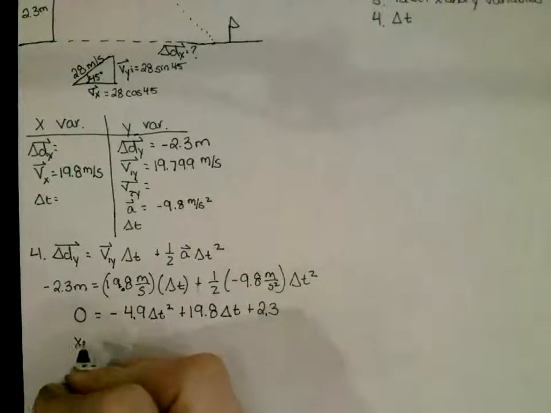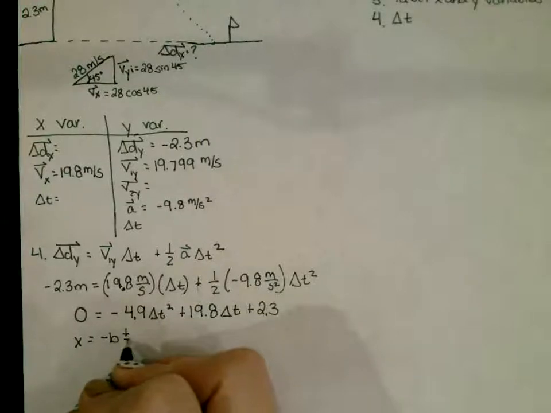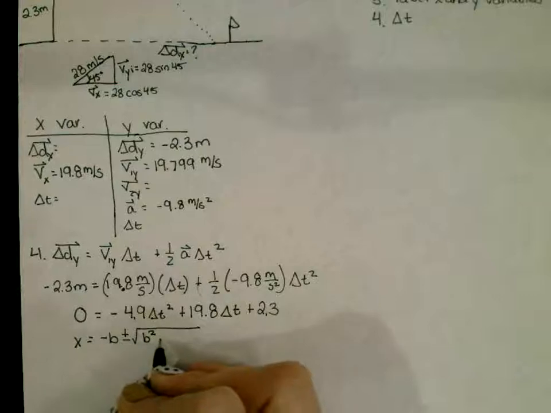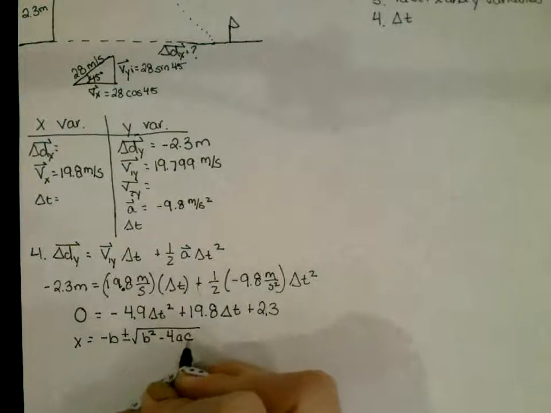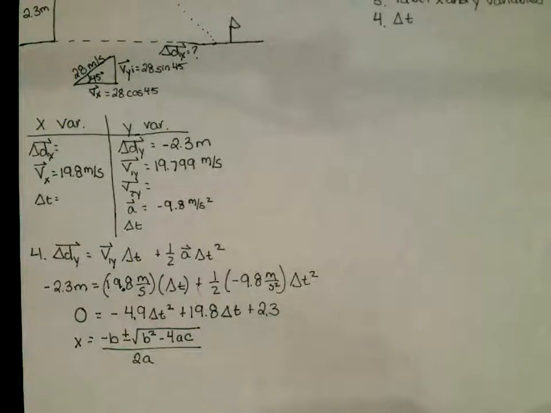So x is equal to the opposite of b plus or minus the square root of b squared minus 4ac all over 2a. So I'm going to plug in what I have.